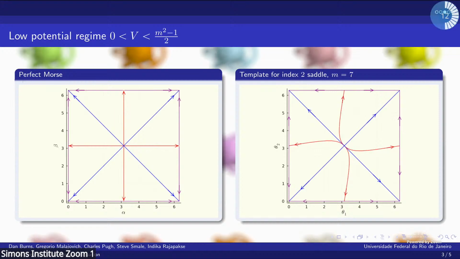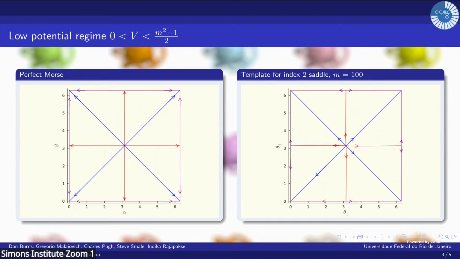Again, in the middle we have a saddle of index 2. The repelling direction is 2. The lines in red are the stable manifolds of the saddles in the middle of the sides. This picture is all modulo 2 pi in both directions. Let's keep increasing the dimension, and behold, let's go to almost infinity. We get something that really looks like perfect Morse.